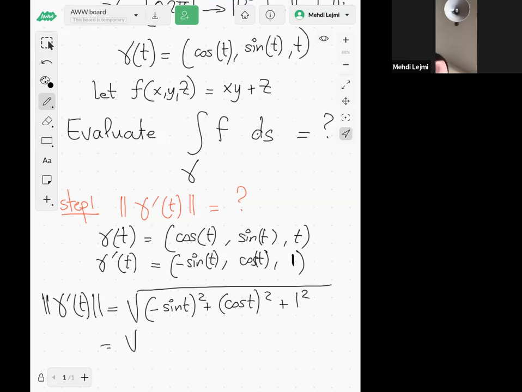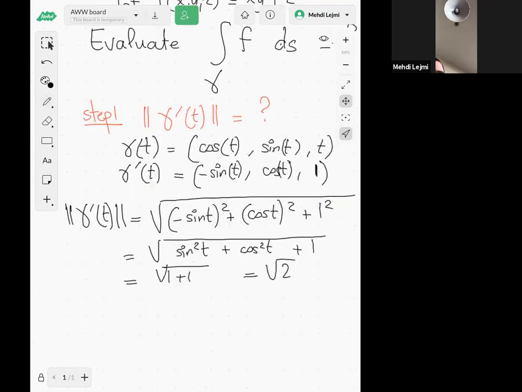That will be the square root of sine squared of t plus cosine squared of t plus 1. Sine squared plus cosine squared, that's 1, of course. So that's the square root of 1 plus 1, so that's just the square root of 2. Okay, that's the first step. We got the length of gamma prime of t.